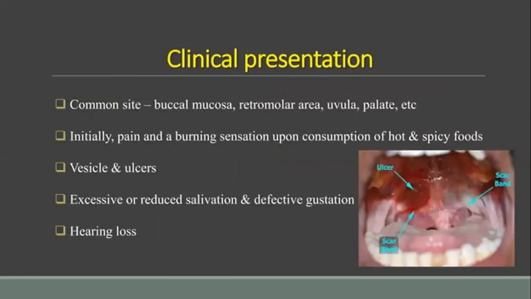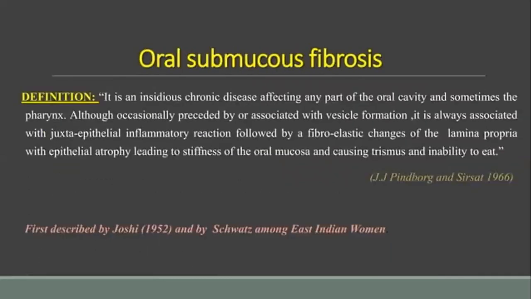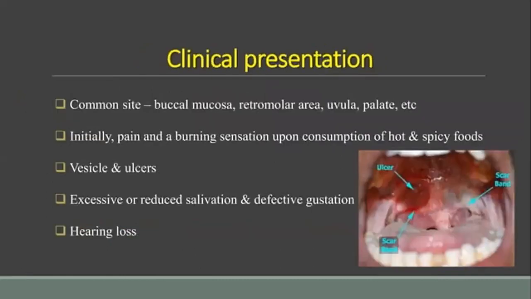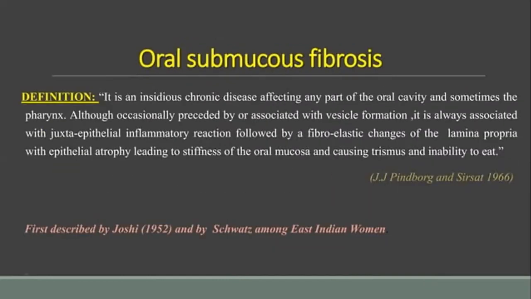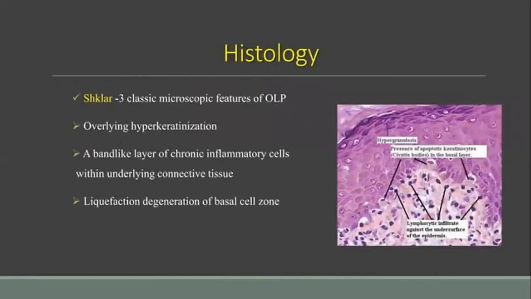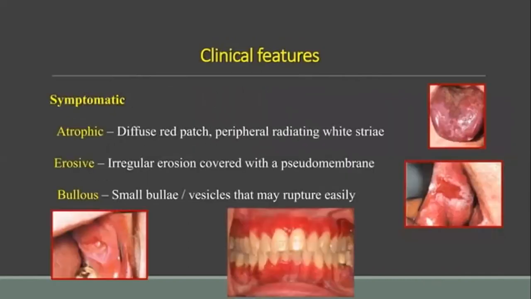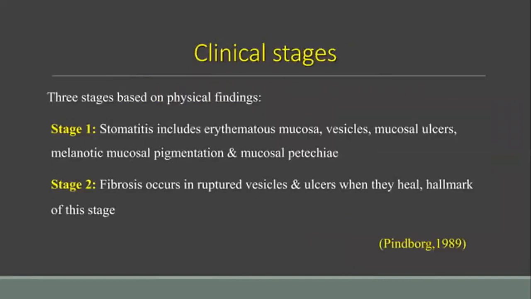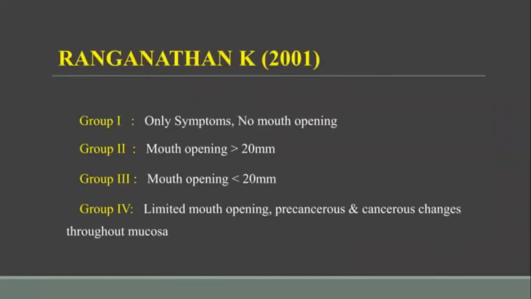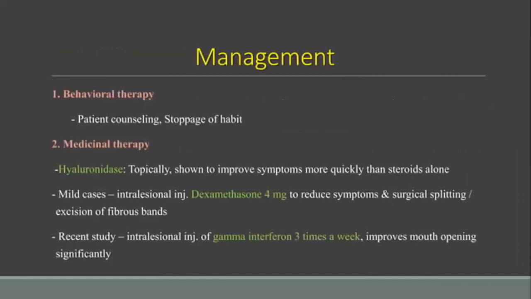So let us finish here, and these are the slides on oral submucous fibrosis. This part is left for you to learn independently, and most of the clinical, diagnostic and histological features of the precancerous lesions are given already, so you can use them and let your lecturer know about the questions that you want to ask.